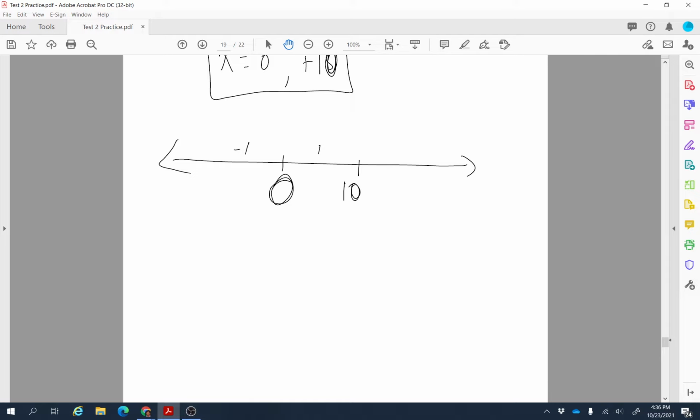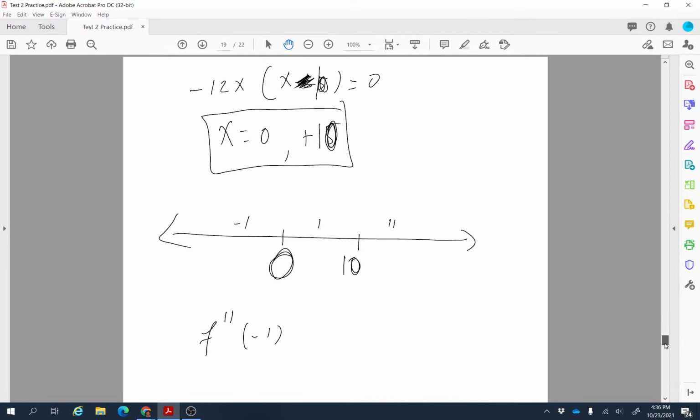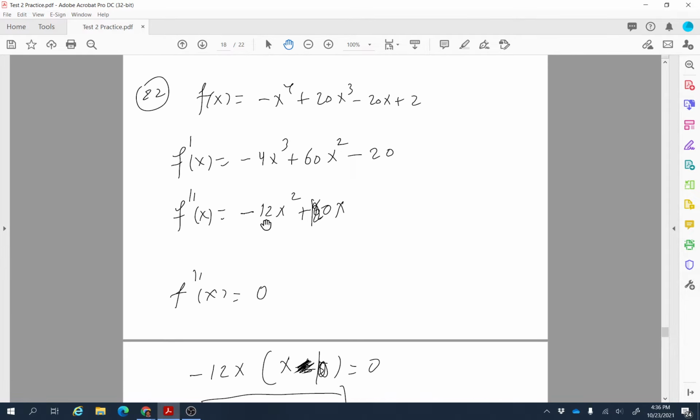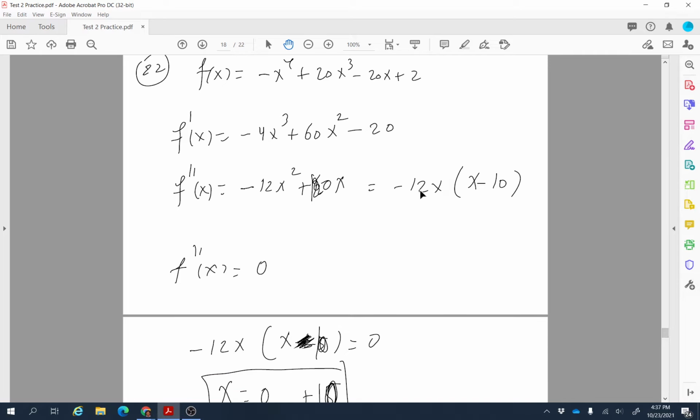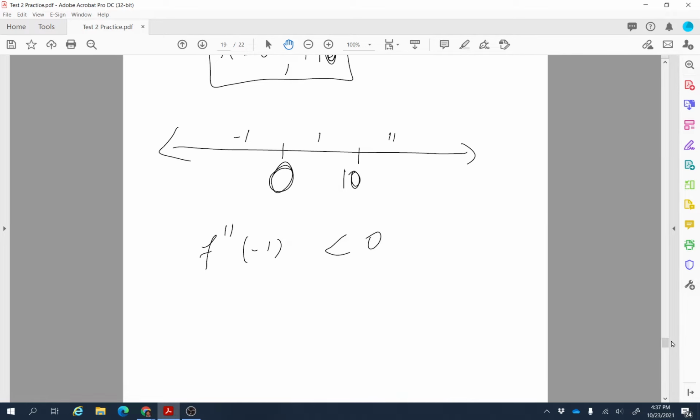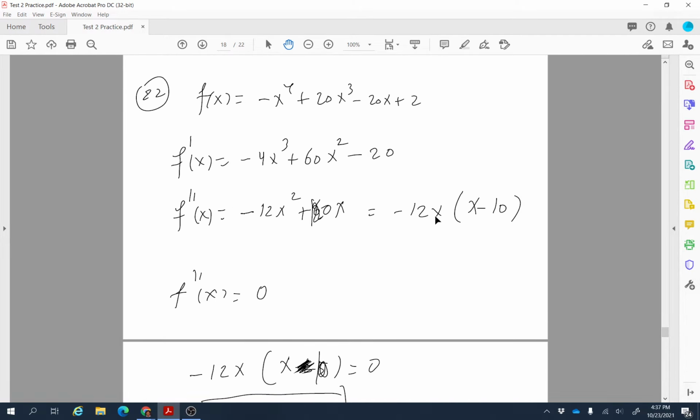Let's say -1, then 1, and then 11, and find the second derivative at -1. I'm not going to do the same work again, but the second derivative is here, which is -12x times (x minus 10). So at -1 it would be negative. At positive 1, negative times negative is positive, so it will be positive.